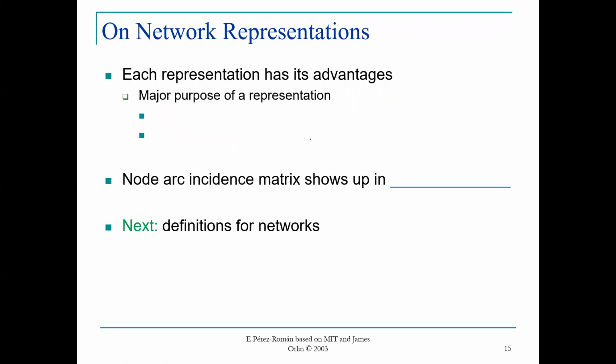On network representations, each representation has its advantages. The major purpose of a representation is the efficiency in algorithms and the ease of use. Note our incidence matrix shows up in linear programs. And next, we're going to do definitions for networks.